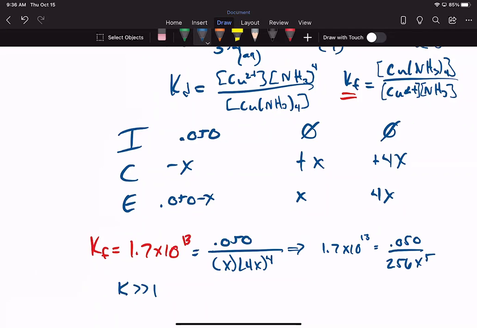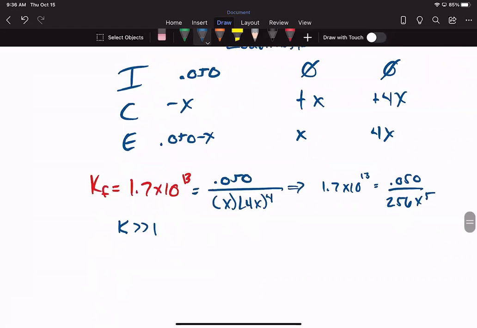All right, so now we need to clean this up a little bit more here. How do we clean this up?